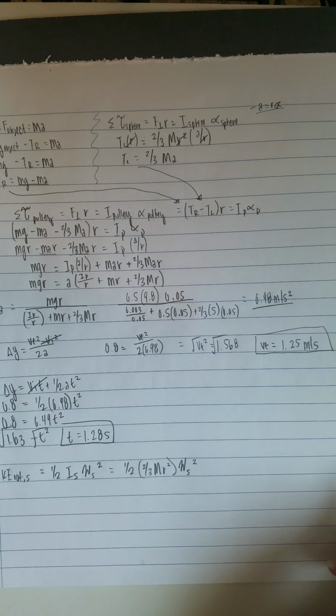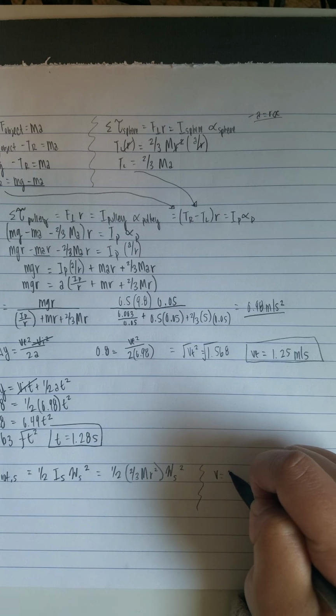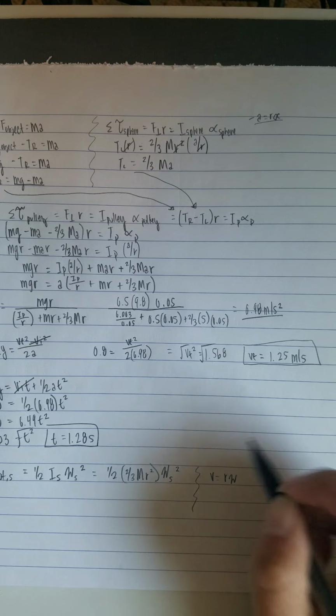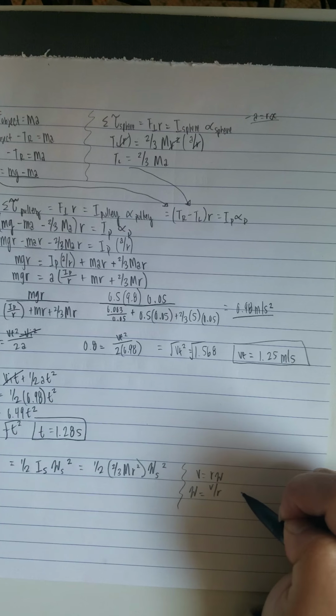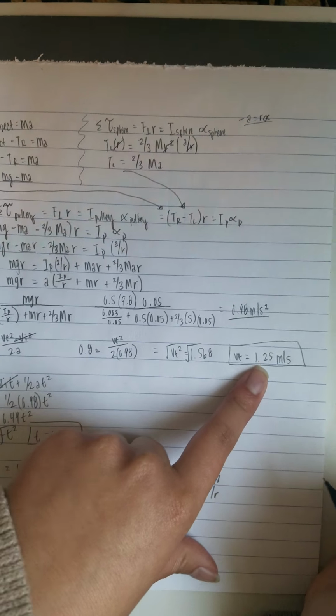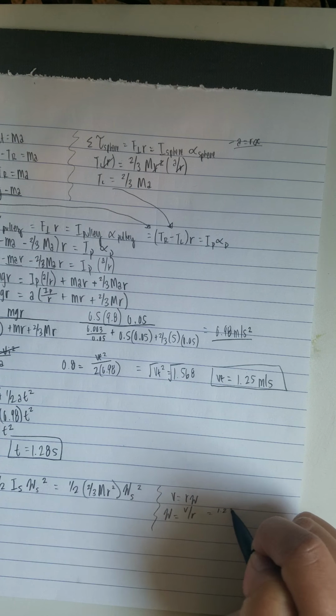So we need to find omega. We know that v equals R omega, and so that means omega would equal v over R. We found our v to be 1.25, so we can use that, 1.25 over R. The R for the sphere, or the shell, is 10 centimeters, so that would be 0.1 meters.